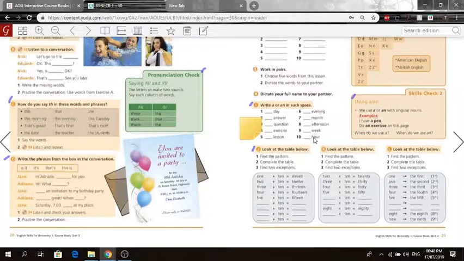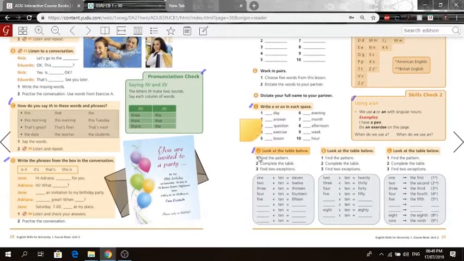So an honor, an hour, we use an. But if the H is pronounced normally, like for example, I could say a horse or a hen, okay? So then it becomes a. So I can't say an horse. I always say a horse, a hen, okay? You get the idea. So whenever that H is silent, we use an. But if it's making its normal pronunciation sound, we use a, okay?